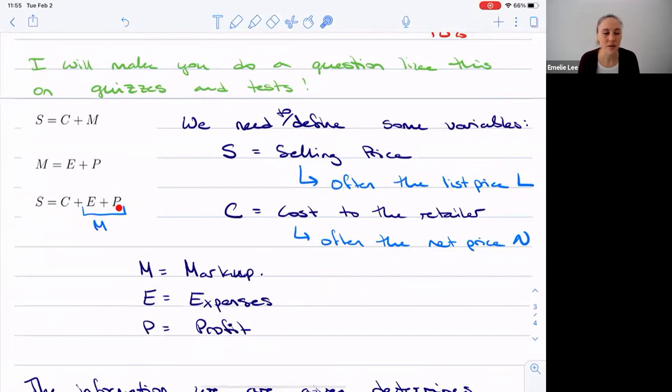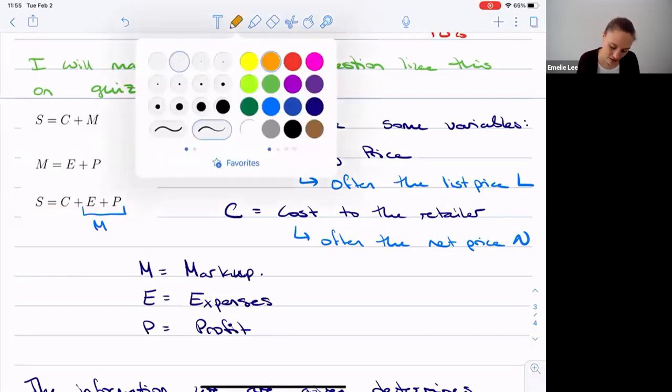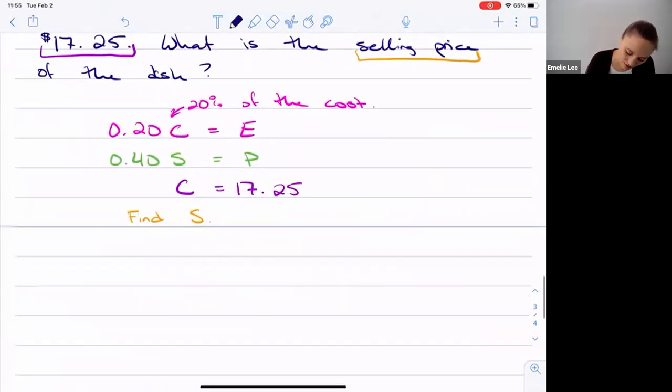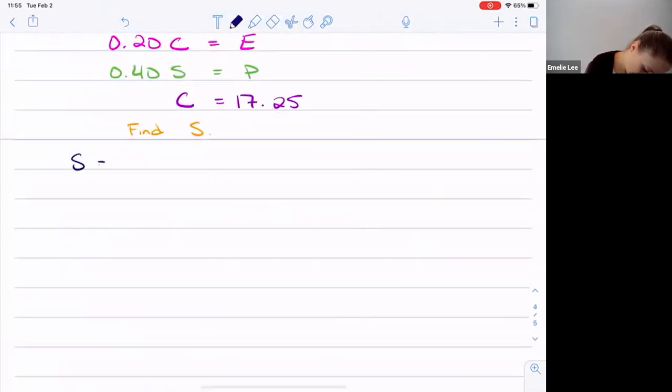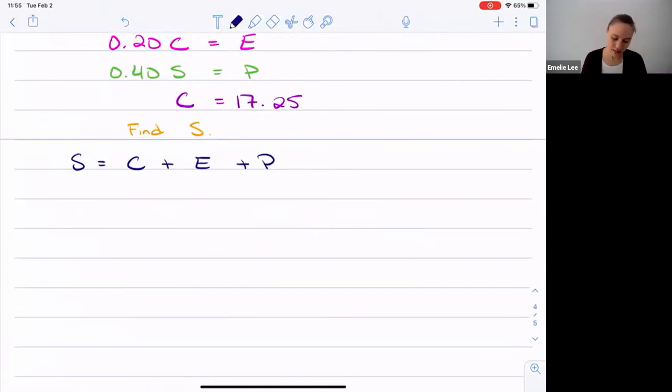And so you could put it together and find M and then plug that M into here, but notice that puts you in the same spot, right? So we're just going to go straight to here and say, okay, well, S is C plus E plus P.